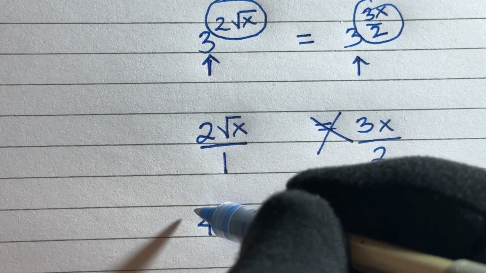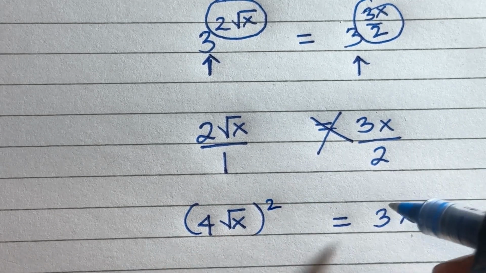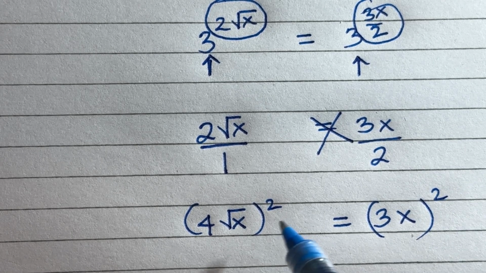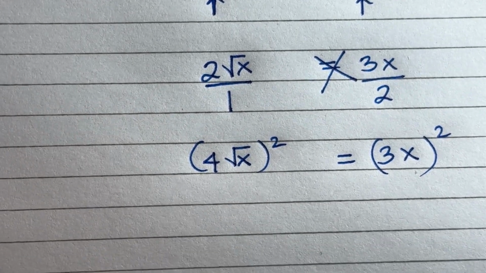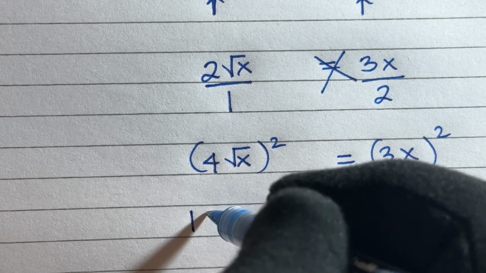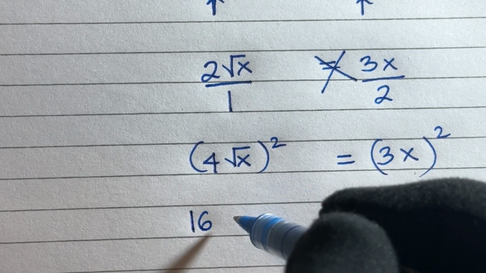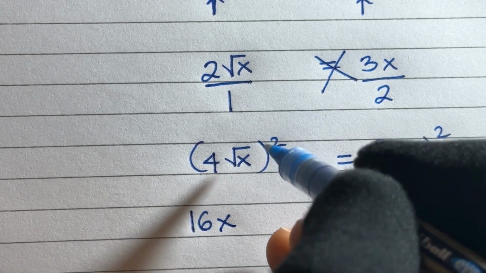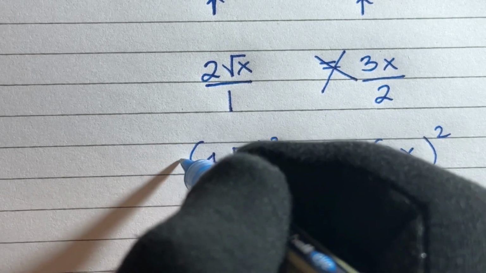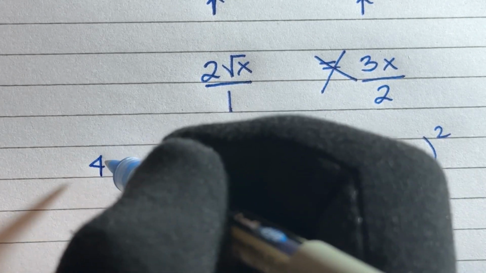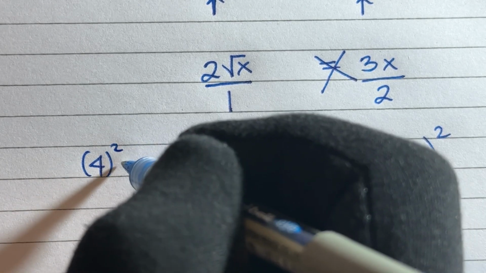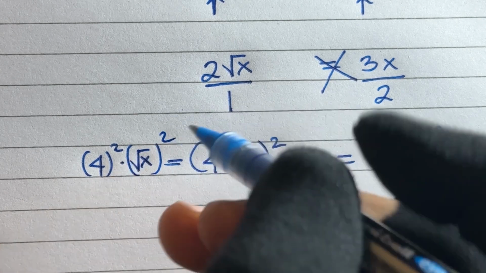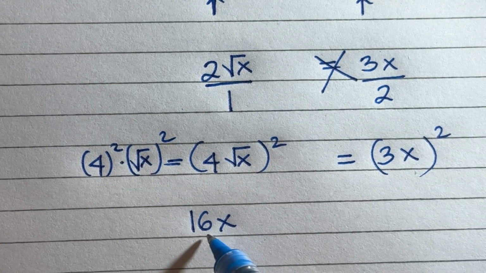Let's go ahead and square both sides. Carefully open this bracket. The left hand side becomes 16 x, because this should be expressed as 4 raised to power 2 times root x raised to power 2. 4 raised to power 2 is 16.